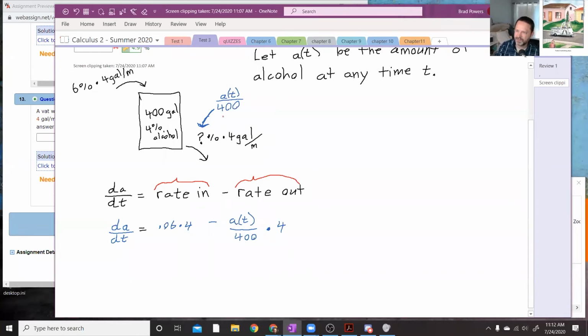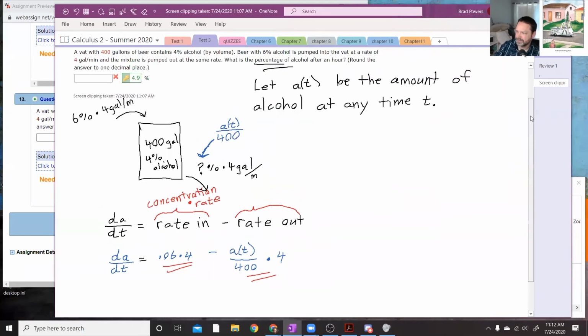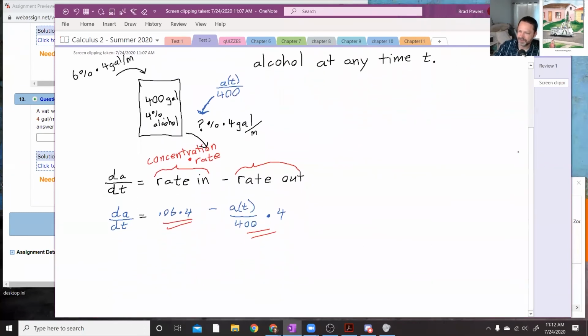Well, I think we set up the concentration the same thing here. Right, so you just got to remember, it's always that concentration times that rate. In this case, we had it right here, and it's the same thing over here. I definitely did a better job being organized with this one too.